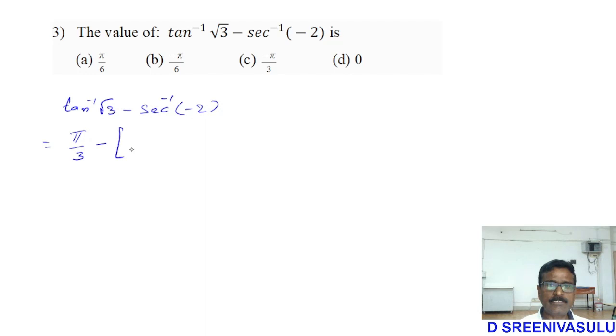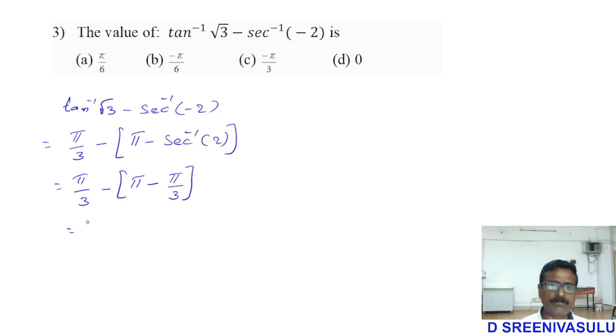Minus, we write pi minus secant inverse 2. Secant inverse 2 means cos inverse 1 by 2, and 1 by 2 comes at 60 degrees, that is pi by 3.